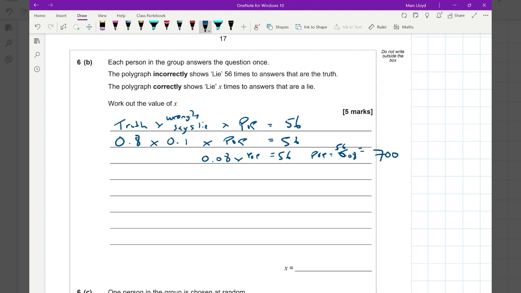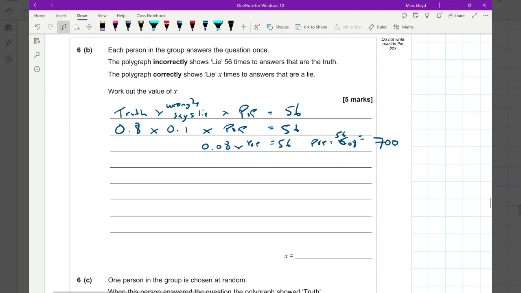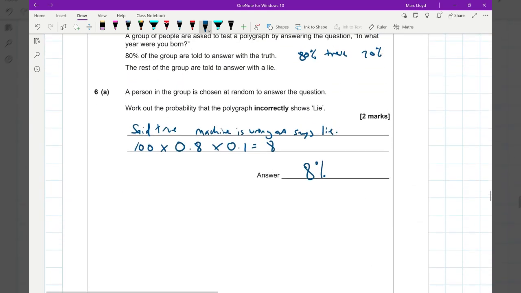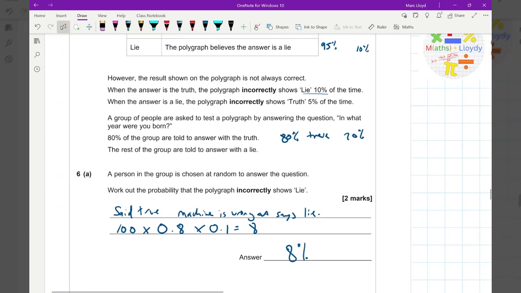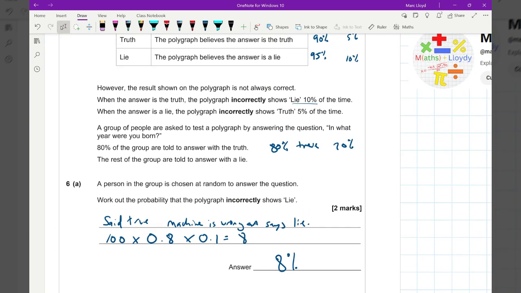Okay. The polygraph shows lie X times to answers that are a lie. So they're told a lie, and it was a lie. So 20%. 20% are supposed to tell a lie.